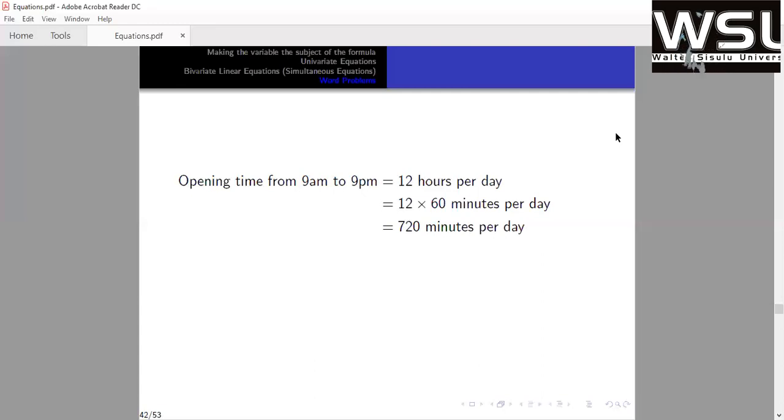Meaning, in 10 minutes, they sell 72 t-shirts per day. So if they sell one t-shirt every 10 minutes, and they have 720 minutes in each day, they sell 72 t-shirts every day.